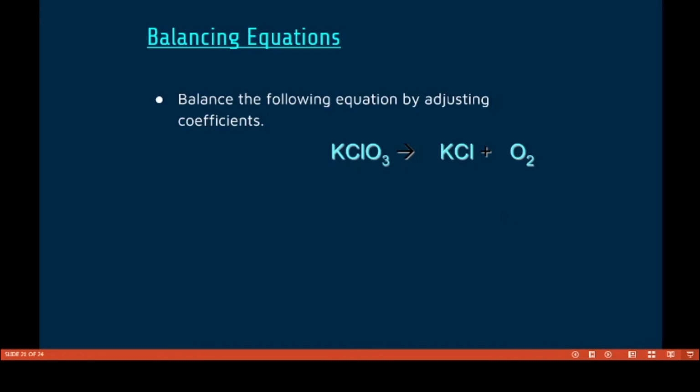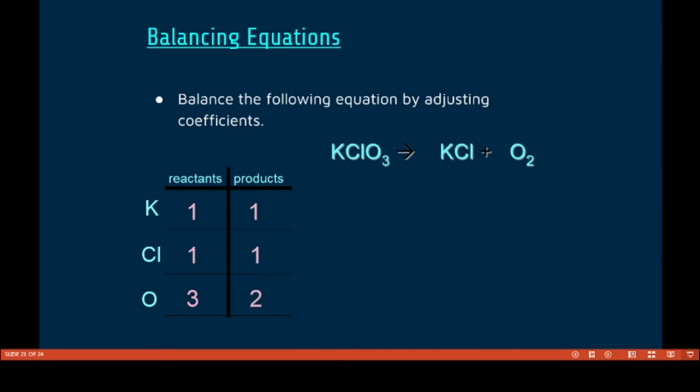See another example, KClO3. Here only 1 potassium, 1 chlorine, 3 oxygen, and on the other side 1 potassium, 1 chlorine, 2 oxygen.